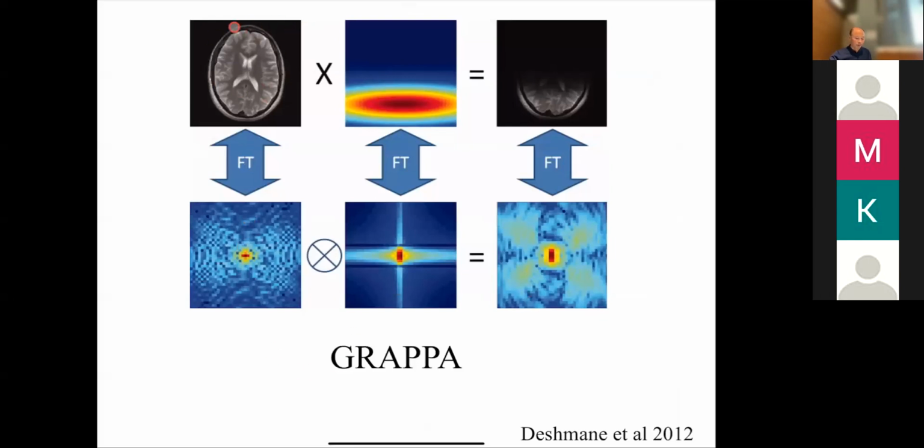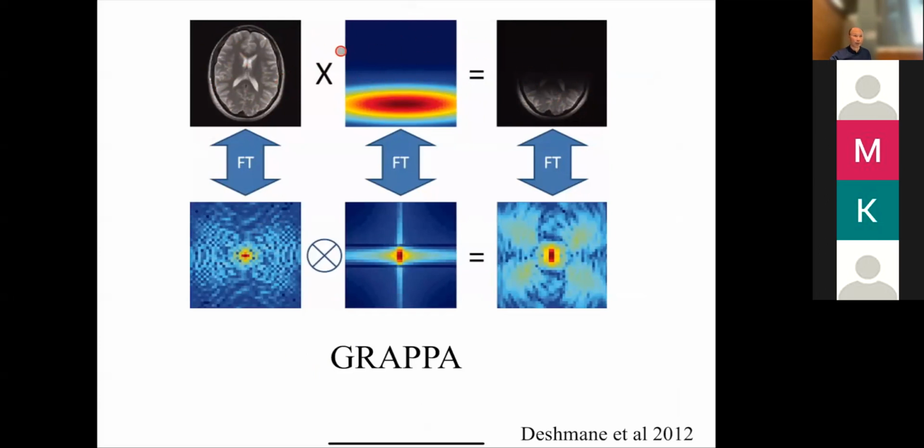Let's say this is my object and this is its Fourier transform, right? And let's say I see this object through a coil that has some coil sensitivity. So I'm essentially taking this object, multiplying it by something that has a very spatially varying sensitivity, and this is the image I get. Okay, so this obviously has a big effect on the image I get.